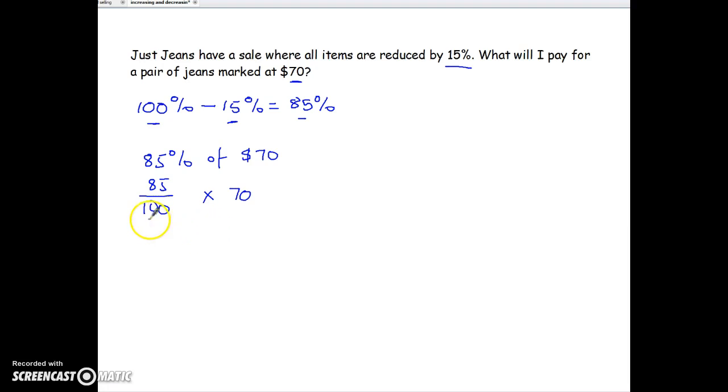Work out 85 divided by 100 times 70. And you should get 59.5, which again in the context of our question means $59.50 for our jeans.